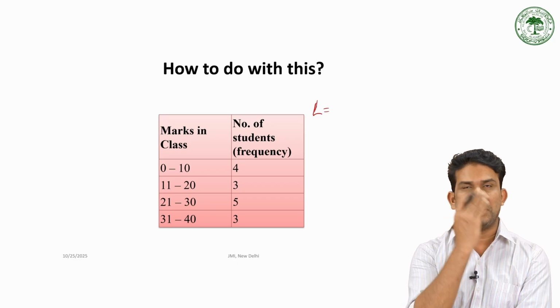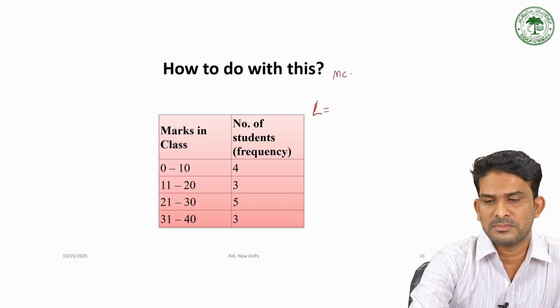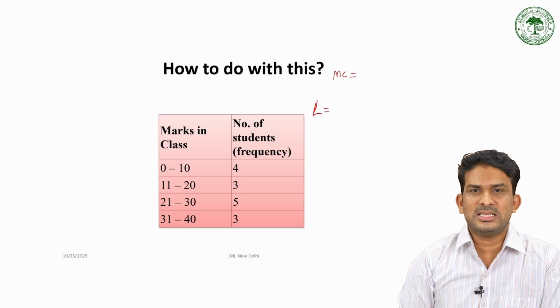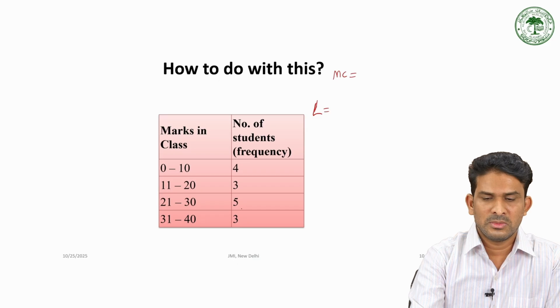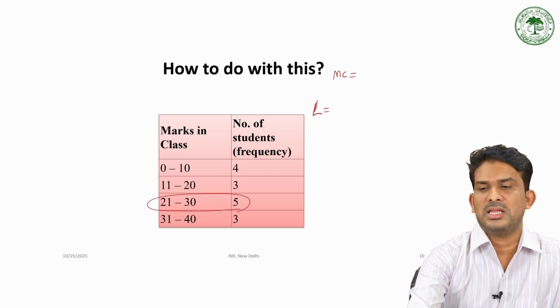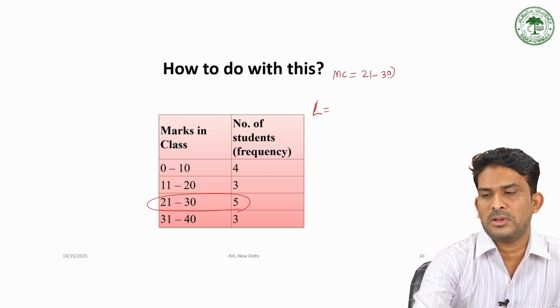So I need the modal class. Which is the modal class here? It is where the highest frequency comes. We know this is the modal class: 21 to 30 is the modal class.